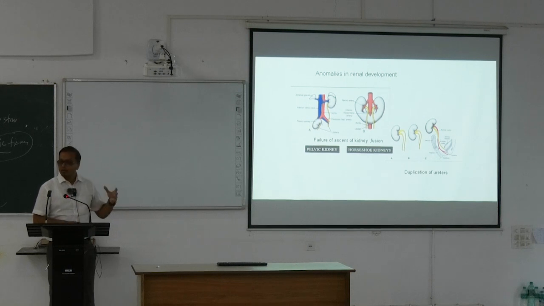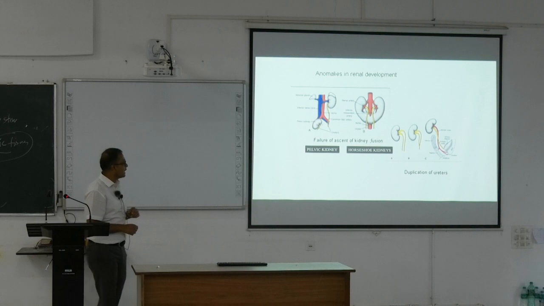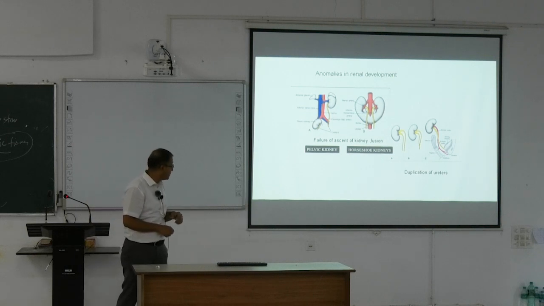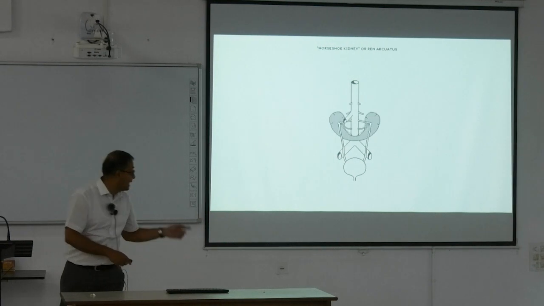If the kidney remained in an intermediate position in the lumbar region, we call it a lumbar kidney or low-lying kidney. So this low-lying kidney may be there in this position.